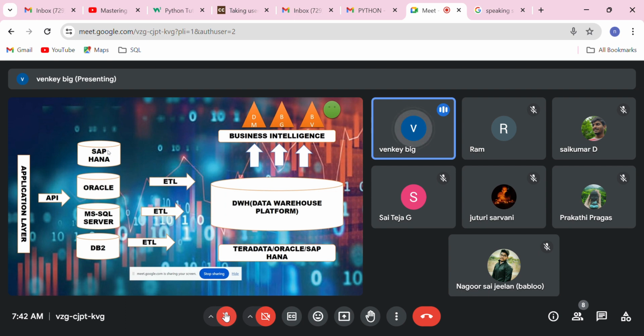You need to understand the differences, guys. An OLAP system is mainly meant for data analytics. An OLTP system is mainly meant for the application. This is the difference that you need to understand. Are you with me, guys? Any questions or any queries?